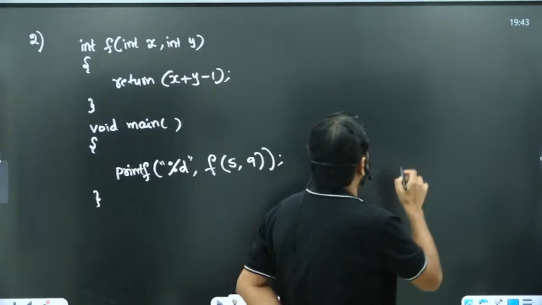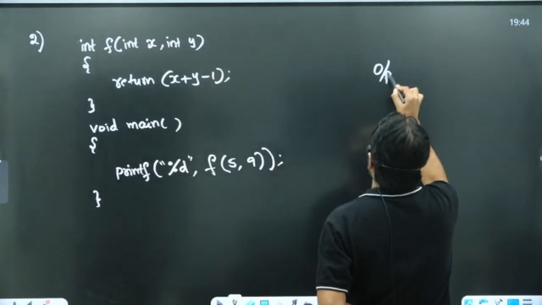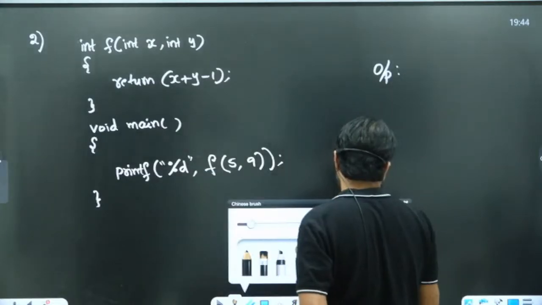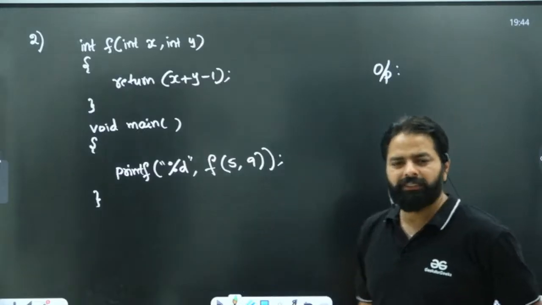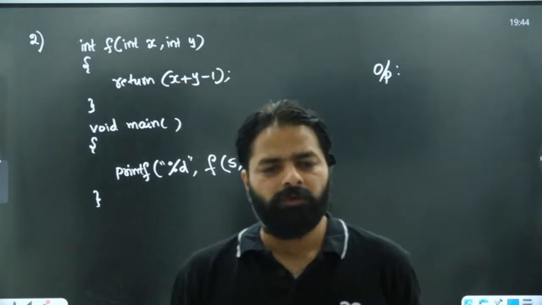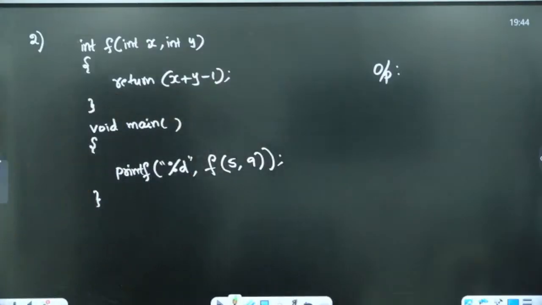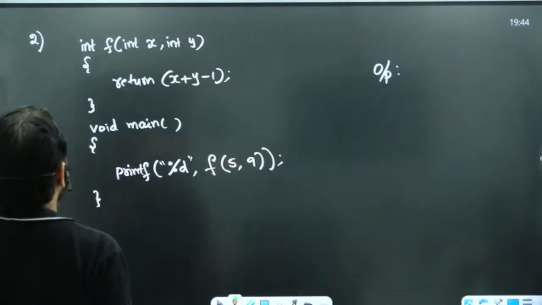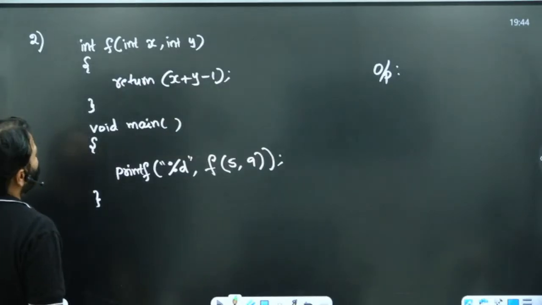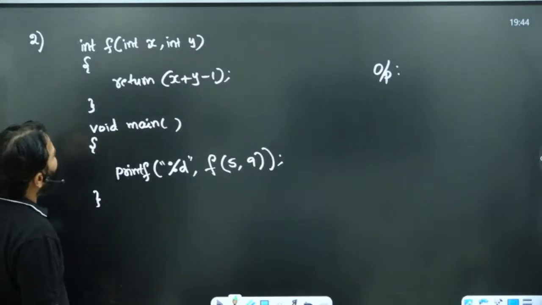What is the output? And let me know what kind of function I'm using as an f here. Easy, right? Anyone?